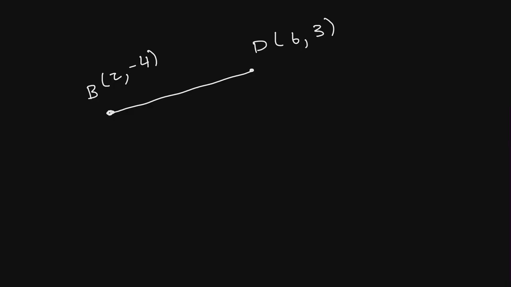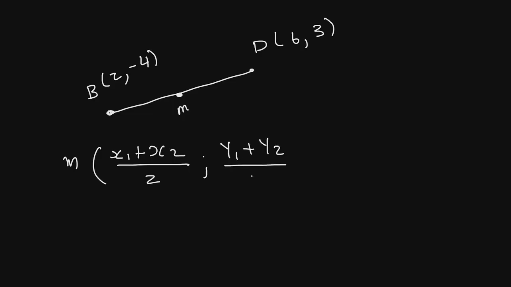The midpoint of BD is a point at the center of the line BD. To determine it, we use the midpoint expression: (x1 + x2) / 2, (y1 + y2) / 2.